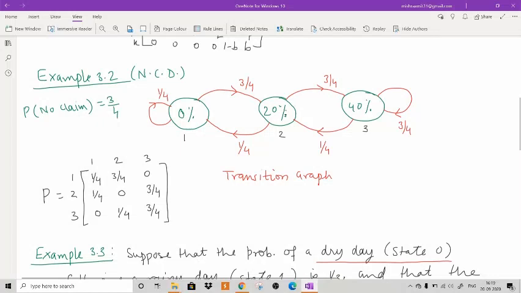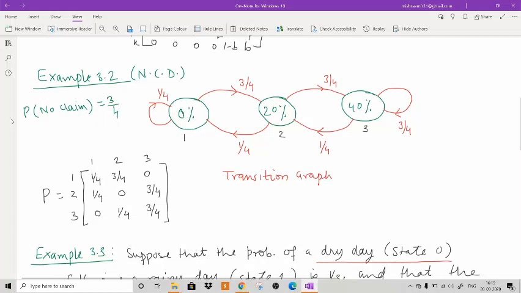And again, if there is no claim, the next discount level will be 40%. And if you are in 40% and you are not making any claim, you will remain there. But if you make one or more claims, then you will move backward to 20%. And if you are in 20% and you make a claim, you will move to 0%. And if you are in 0% and you make a claim, you will remain at 0%.